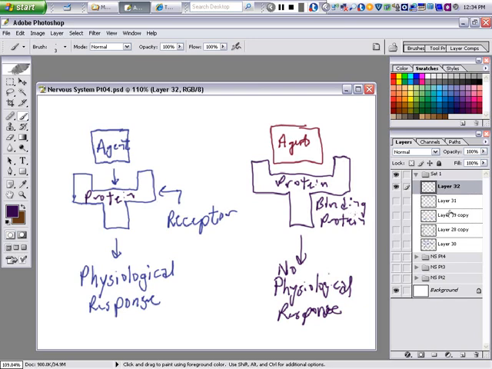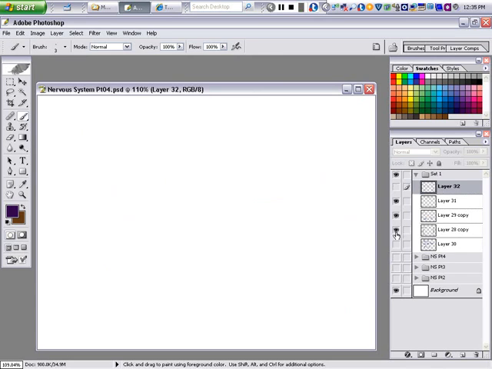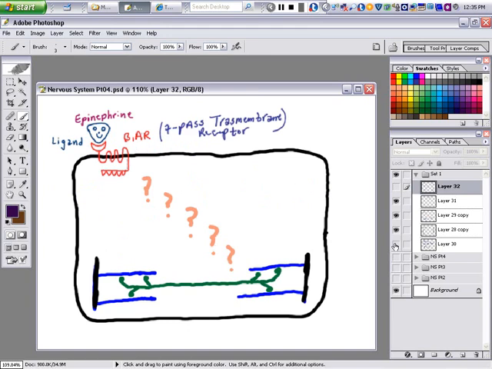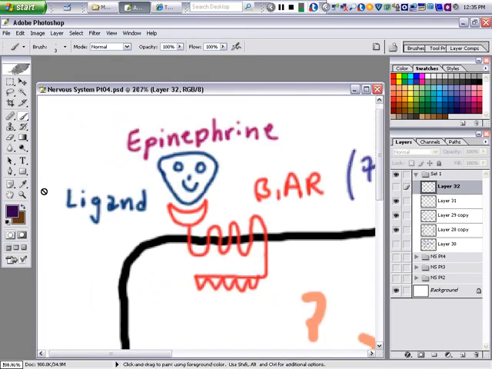Okay, so the proteins that we're going to be talking about henceforth will not be binding proteins. They're going to be receptors. And here, our receptor is the beta-1 adrenergic receptor. Any substance or agent that binds to a receptor, we have a special name for those substances.